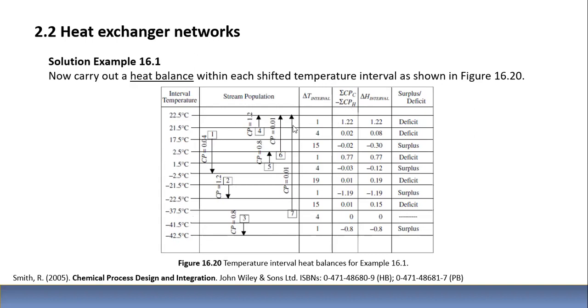Within this interval we have 1 cold, 2 cold, 3 colds, and no hots. So it will be 0.01 plus 0.01 plus 1.2, so it's 1.22 times delta T of 1, which gives us 1.22. So it's positive, so it's a deficit in energy. We do the same for the rest.